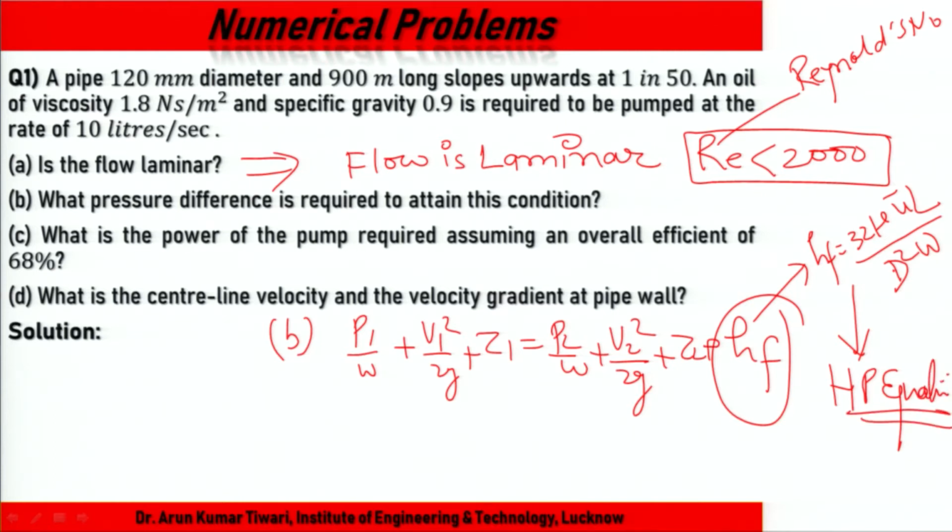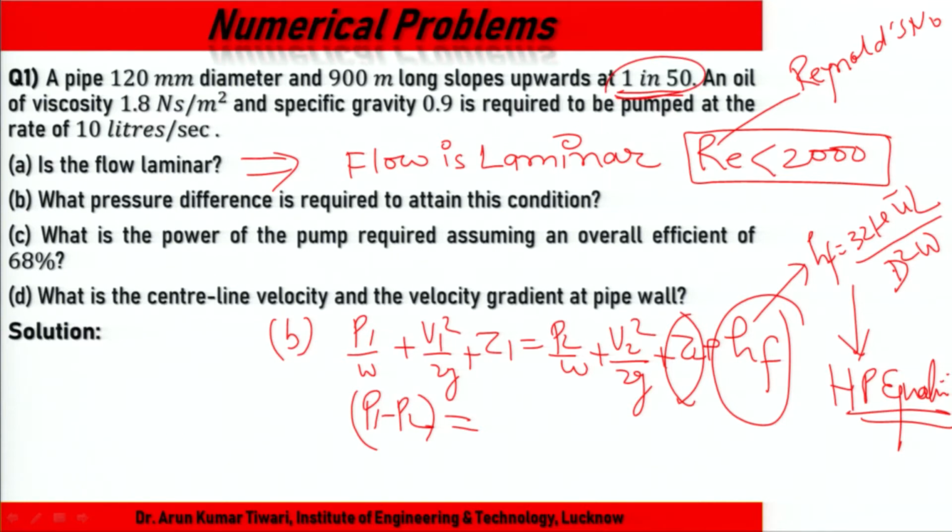So, we can easily calculate P1 minus P2 by this expression, since all the components are known. How do you calculate Z2? The slope is 1 in 50, the total length is 900, and the total height is 450.